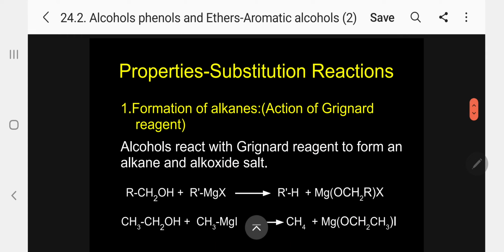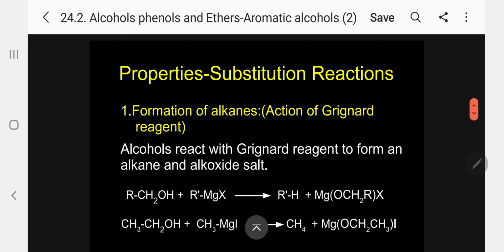Kindly follow, depending upon the nature of the Grignard reagent, you can prepare any alkane. Suppose you want ethane, you use ethyl magnesium iodide. If you want to prepare benzene, you can use phenyl magnesium iodide. So any alkane, aliphatic or aromatic, we can prepare.